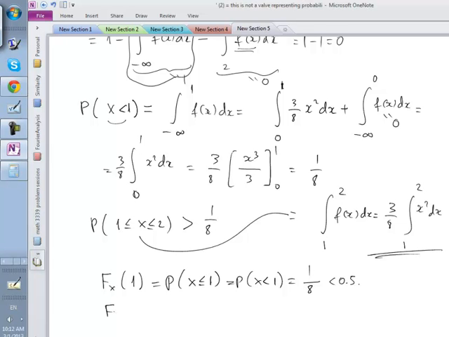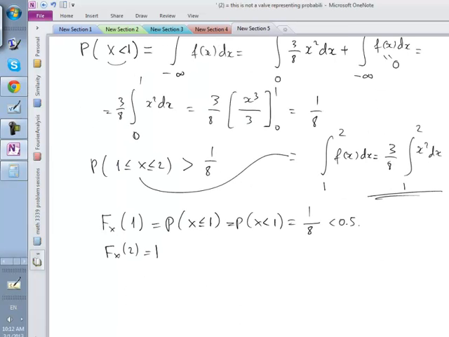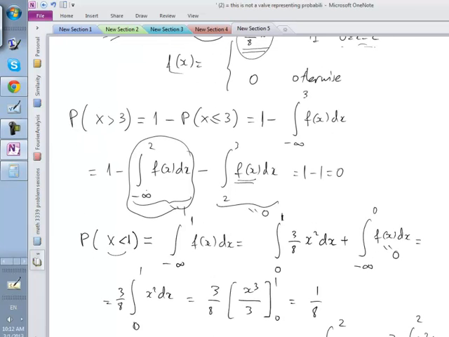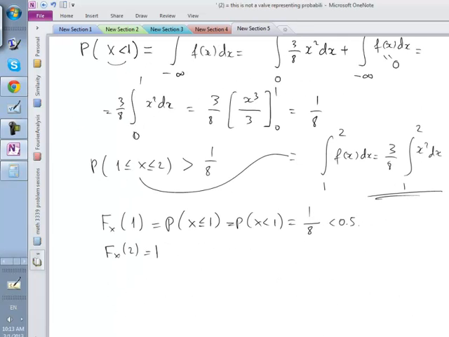Well, since the CDF at 2 is equal to 1, as we just mentioned before, these two imply that the median of extra time is between 1 and 2.